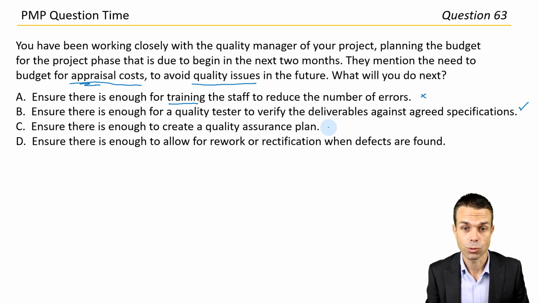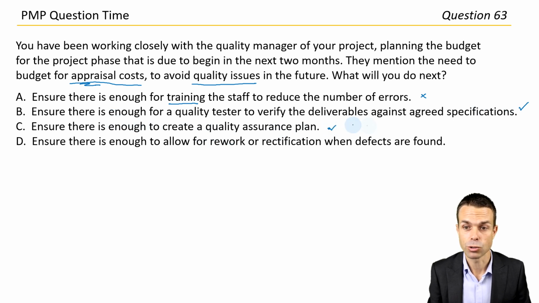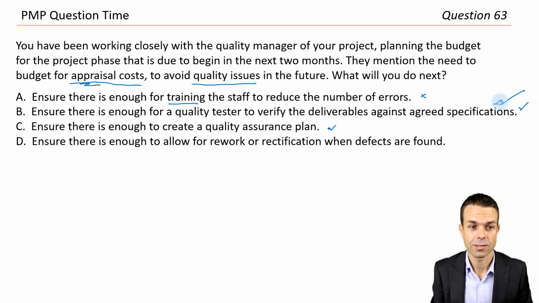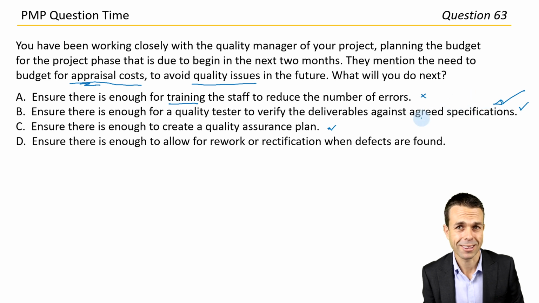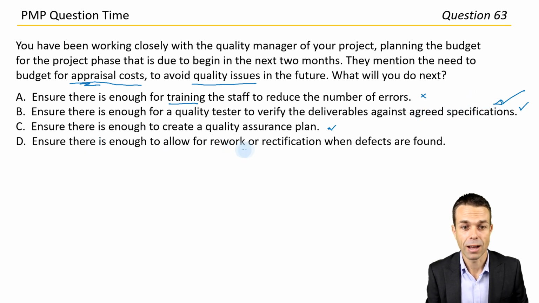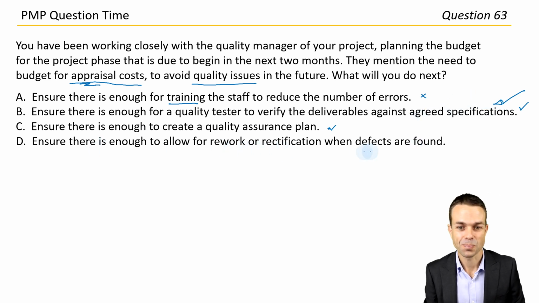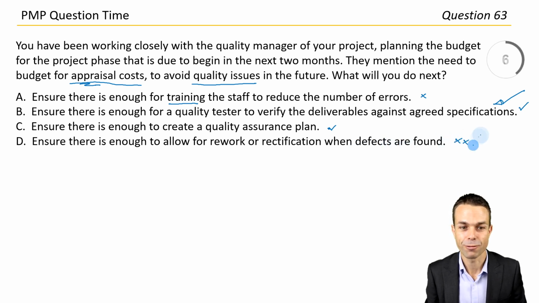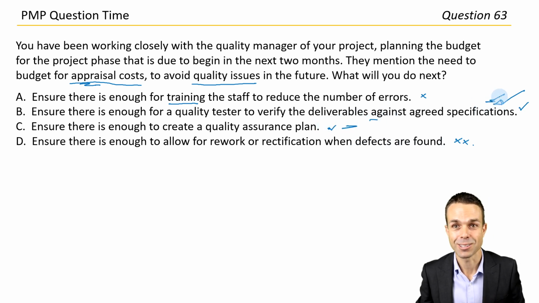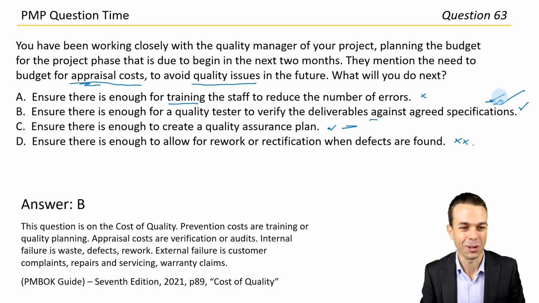I mean, maybe as well, but probably not as direct as this one. So I still like B better, I think. Ensure there's enough to allow for rework or rectification when defects are found. And so that's our failure costs there. So we'll put a no for that one for now. And even though these two are both good, let's go with the best one, answer B. Wonderful work, all right.